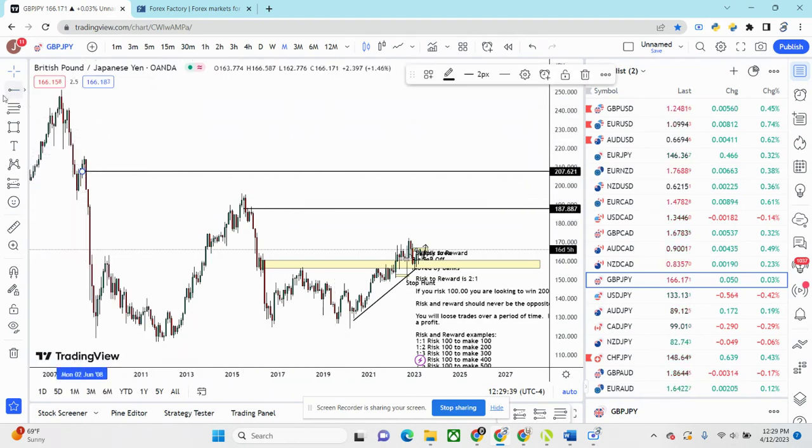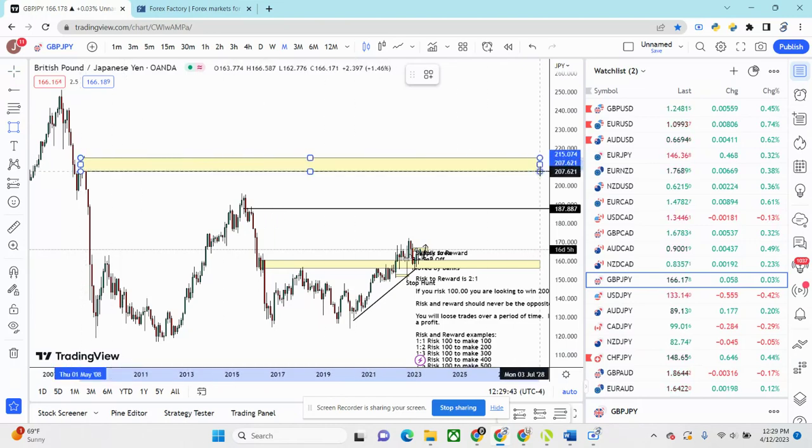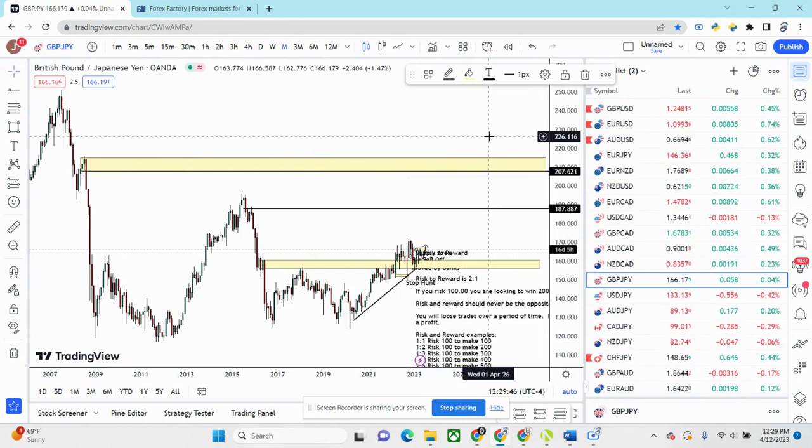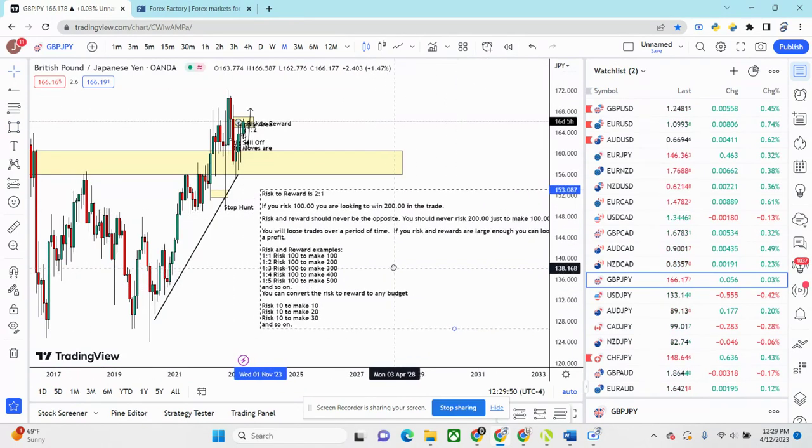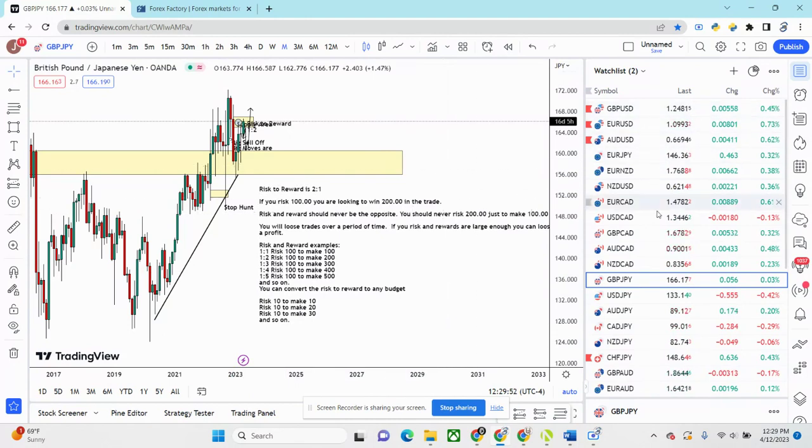Price has not come back into this area. So there's still a lot of movement to be made. But again, remember, guys and gals, price can move any which way it wants to. We're trying to make the best educated guess to make a trade.